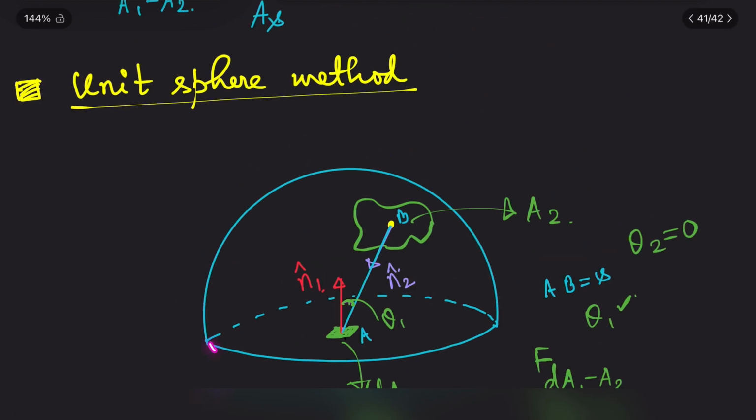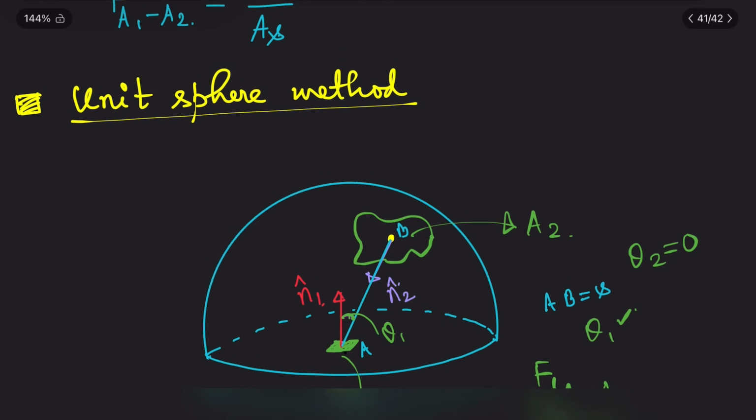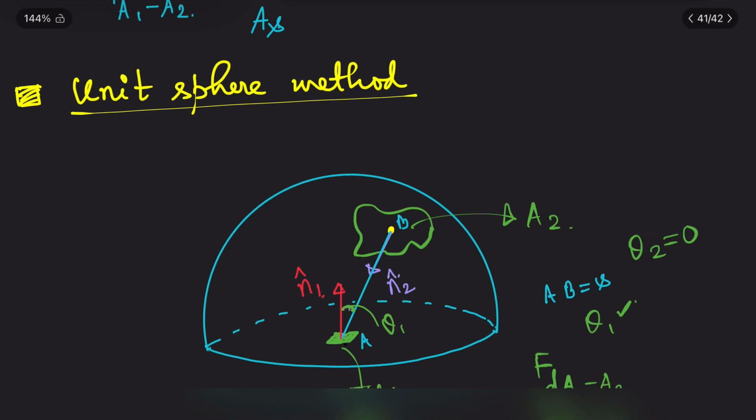For this problem I have a very beautiful sphere, but if I was not having a sphere, or maybe this surface dA1 is located somewhere like this, then again its normal is like this only, n1.